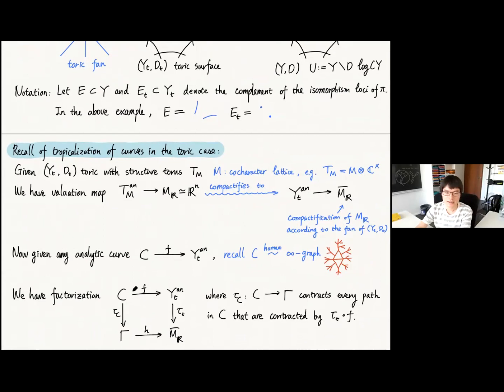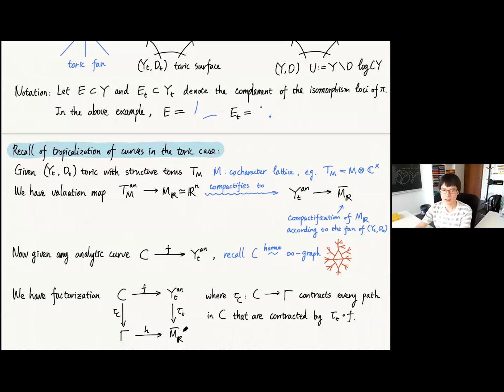And we consider the composition of the map F with this tropicalization map or retraction map tau_T. This composition has a natural factorization through tau_C and h, where tau_C from C to gamma contracts every path in C that is contracted by the composition of F with the retraction map tau_T.